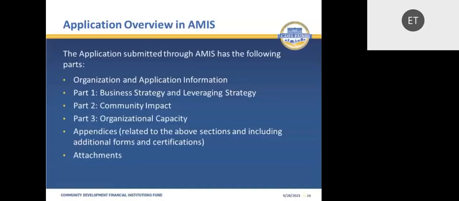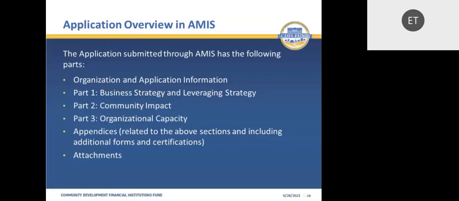So here's an overview of the application. The parts include, first of all, you will tell us about your organization, you'll give us application information, and then the next 3 parts are all narratives. Part 1 is your business strategy and your leveraging strategy. Part 2, you'll tell us about the community impact that you intend to have.